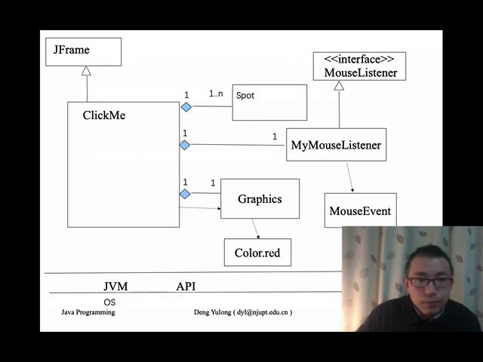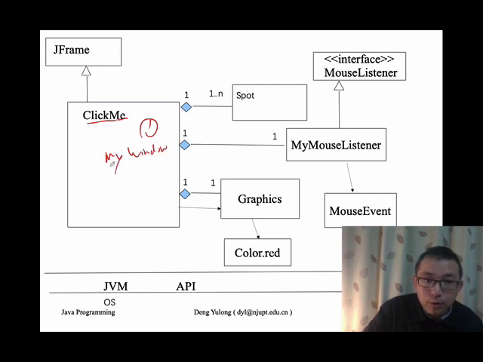Now these are the four objects here. The first object is my window. We name this click me. It's my window in my desktop.